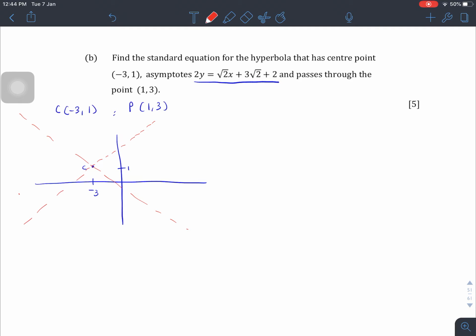One is slanted up and the other is slanted down. Now, the question: does the graph open up-down or left-right?